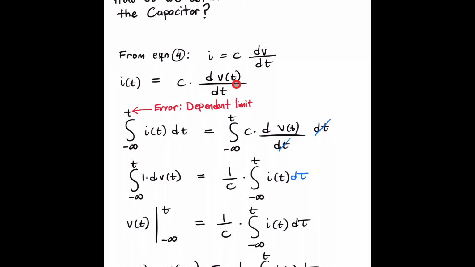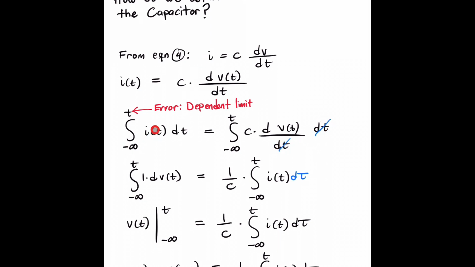Let's take the integral of both sides of equation 4. So we take the integral of i of t with respect to t from minus infinity to t. And on the right-hand side, we have the integral from minus infinity to t of this function with respect to t. Now, this dt and this dt cancel out.